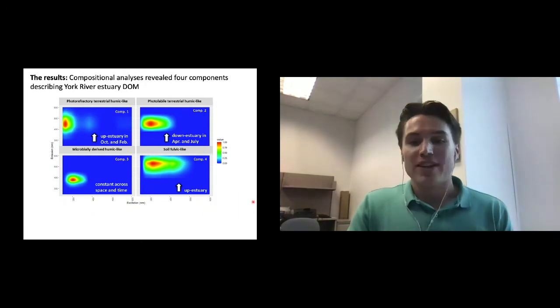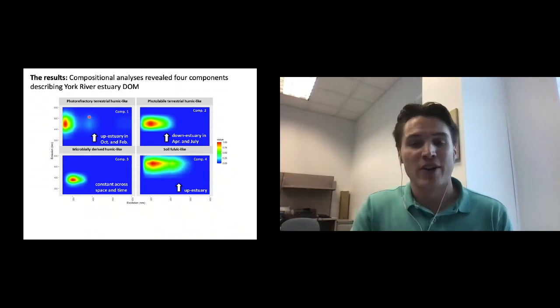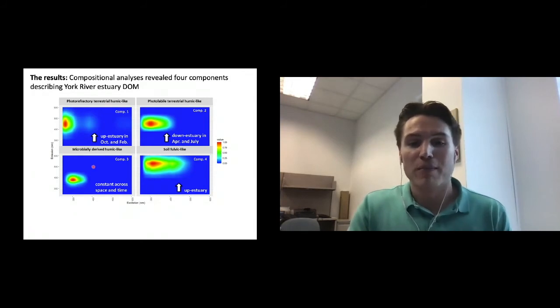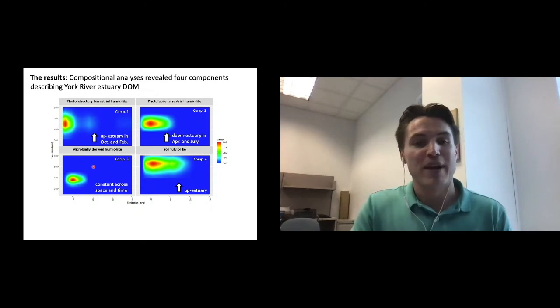And when we look at the distribution of these components along the estuary, we found that the photorefractory pool was greater in abundance up estuary, especially during October and February. This was contrary to the photolabile pool, which was greater down estuary, and also in April and July. The microbial component was relatively constant across space and time, which makes sense if we assume that DOM is being consumed continuously.